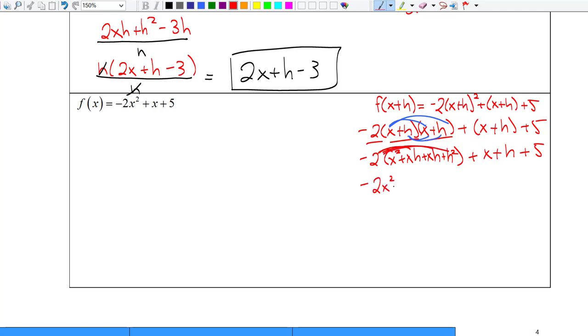Negative 2x squared minus 2xh minus 2xh minus 2h squared plus x plus h plus 5. Whew, that's a lot. One last thing I can do over here before I need to go back to my definition is to add negative 2xh minus 2xh. Minus 2 minus 2, that's really minus 4xh.